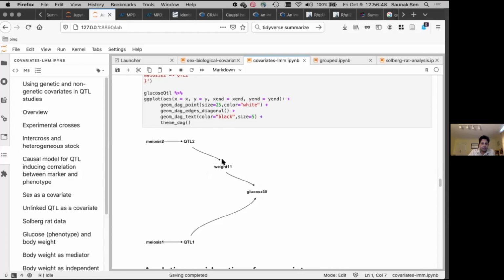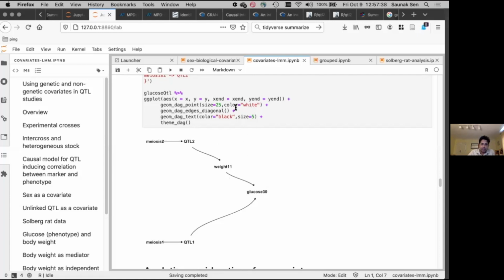But it is possible that both of them have a common precursor. Maybe the glucose at 15 weeks is not causing the weight at 11 weeks, but it may be possible that glucose at 5 weeks is causing both a weight gain here and the glucose measurement at 15 weeks.